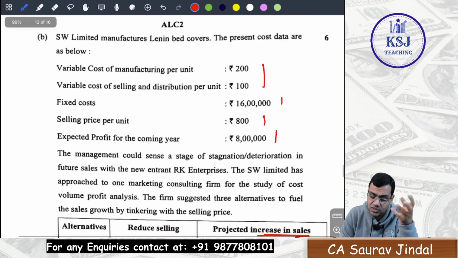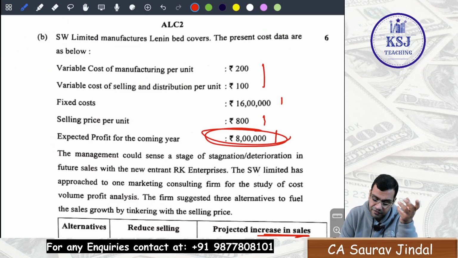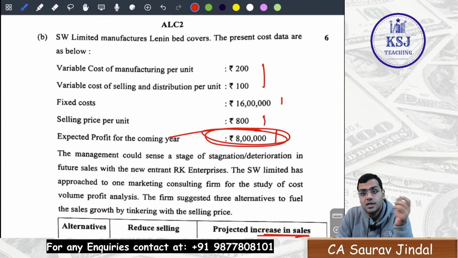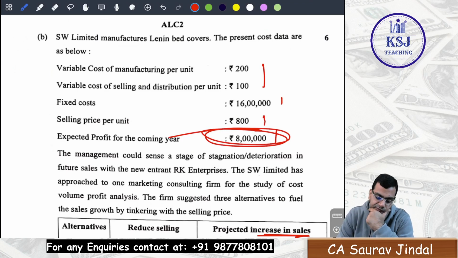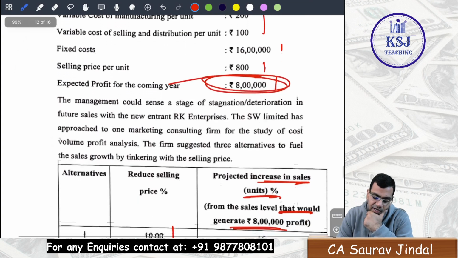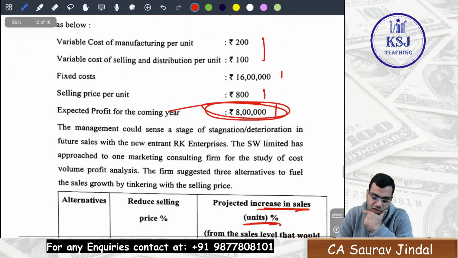Now you have to see what is that sales level which is expecting a profit of 8 lakh rupees. This you have to calculate first, the sale units, using all the information that is there, right?